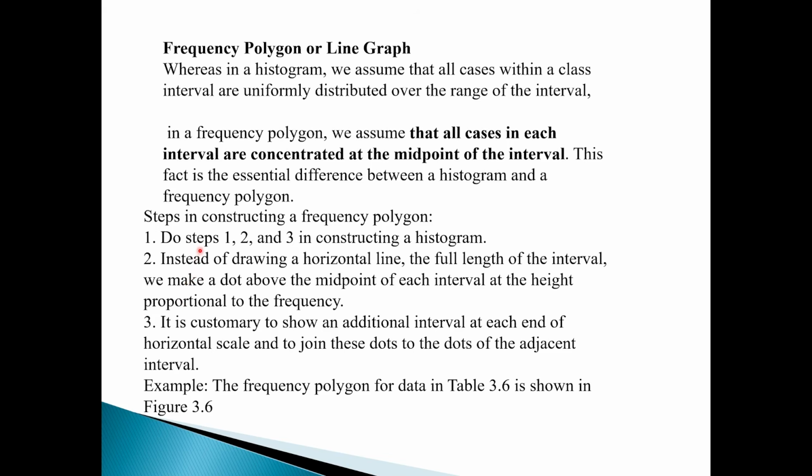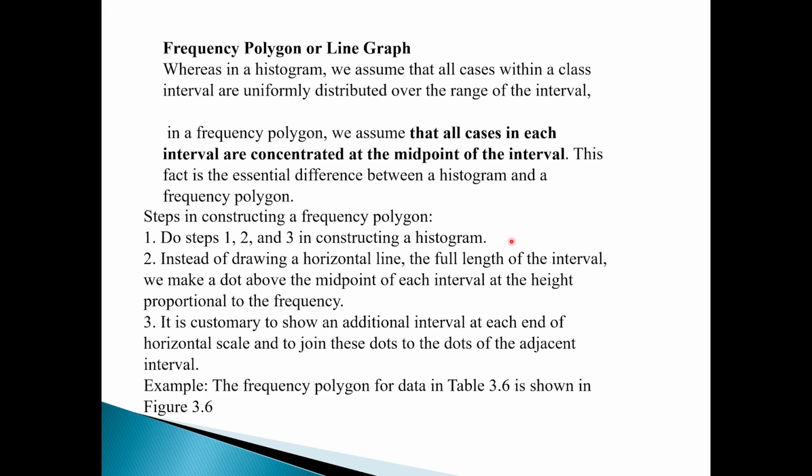First, you should be able to do steps 1, 2, and 3 in constructing a histogram, right? You just draw the x and y axis, you plot the class intervals and your frequencies, okay? The labels, okay?